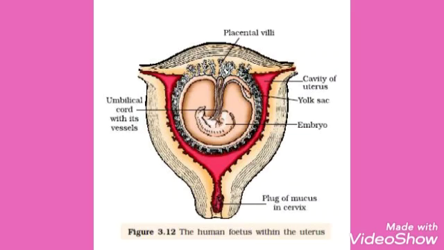Later in the pregnancy, another hormone called relaxin is produced by the ovary. During pregnancy, production of various hormones is increased.